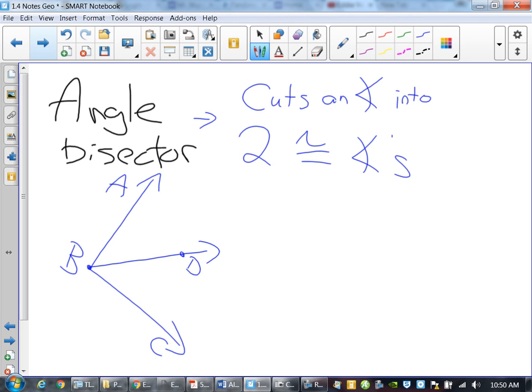ABD and DBC. And then we just mark it. Remember how we used tick marks before? Now we use those little arcs like that. That's when we start using those types of tick marks.